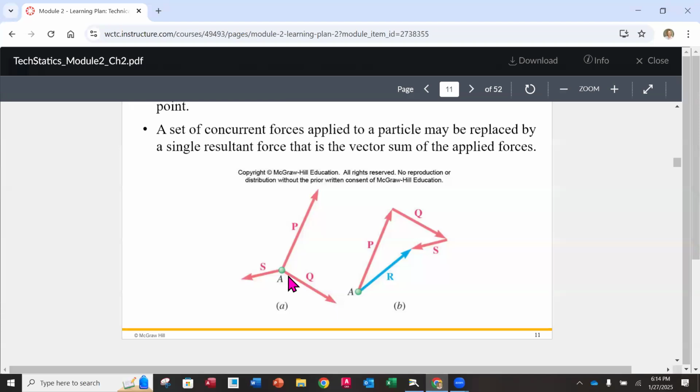Now, the next force, now I've got two other forces. I've got P and I've got S. Now, if you would start with S or P, totally fine, okay? No matter what order that we add these vectors in, we will still end up with the same net effect or the same resultant. So I'm going to pick S as my next one. S is kind of going down and to the left here, slightly off of horizontal.